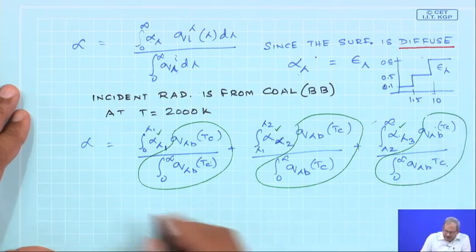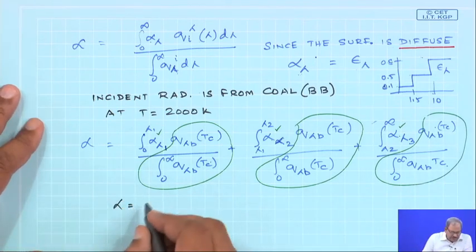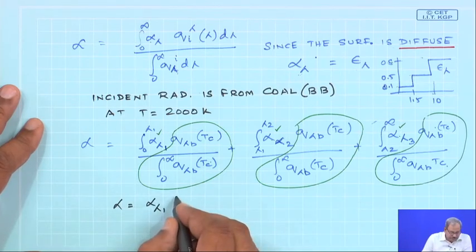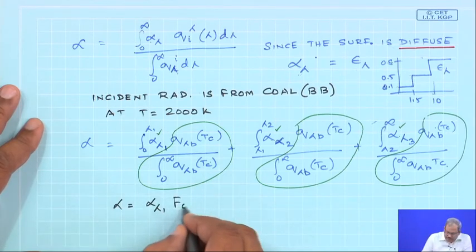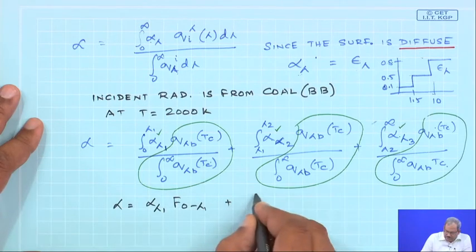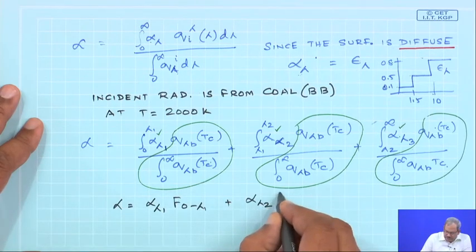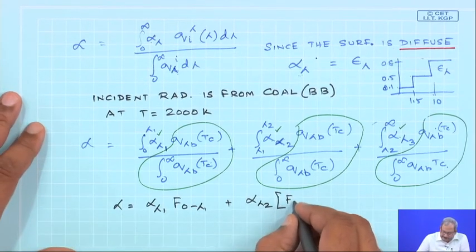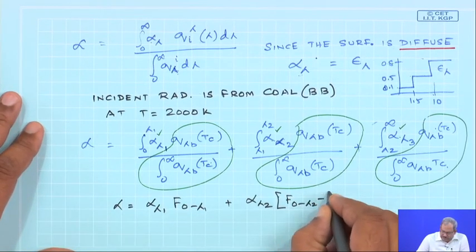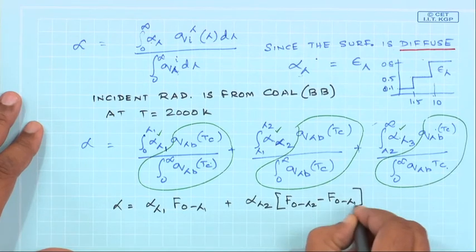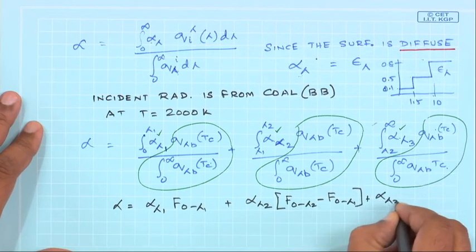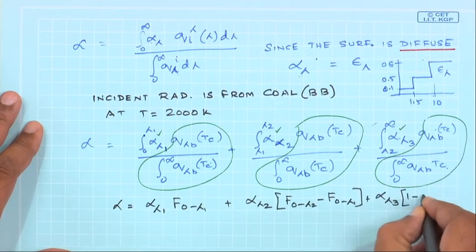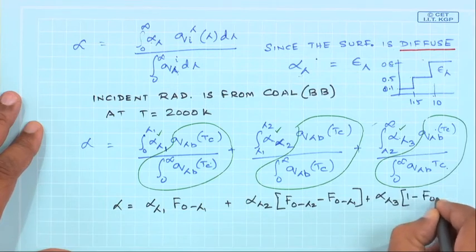So, this alpha then can be written as before, alpha lambda 1 f 0 to lambda 1 plus alpha lambda 2 times f 0 to lambda 2 minus f 0 to lambda 1, plus alpha lambda 3 times 1 minus f 0 to lambda 2.